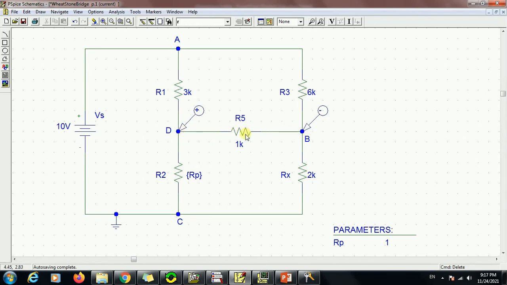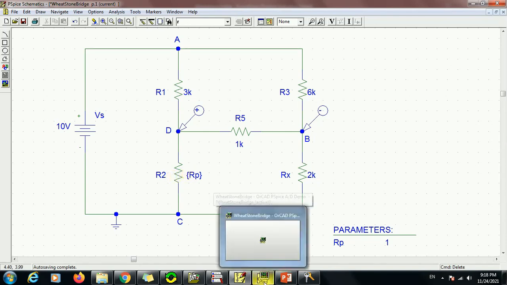And just by looking, we have said that the condition for being balanced is that the ratio of the resistor R2 to R1 must be equal to Rx to R3, or R3 to Rx, so easier R3 to Rx. So 6 divided by 2 is 3, so the ratio should be 3. So we can see that this ratio should also be 3. This means that the balance point here would be at 1 kilo ohm.